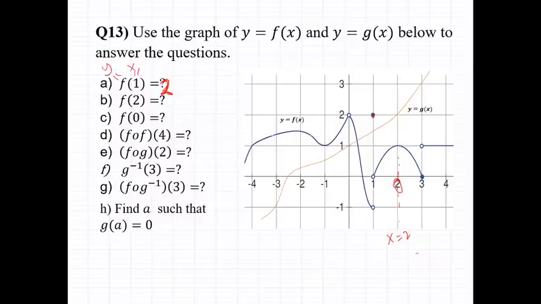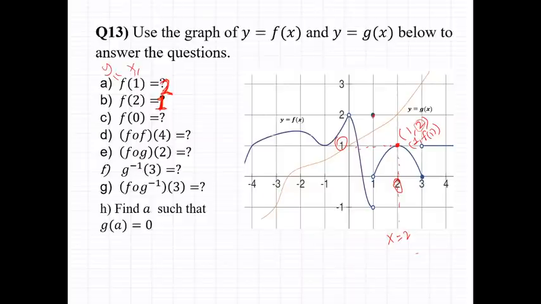So what is the corresponding y value? It's 1. So you say f of 2 is 1. Or you can say this one here is always 1, 2 on the graph of f, so f of 1 is equal to 2.